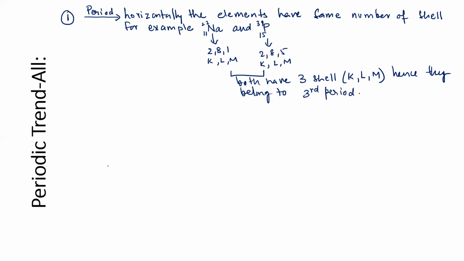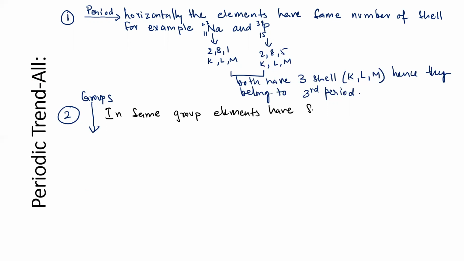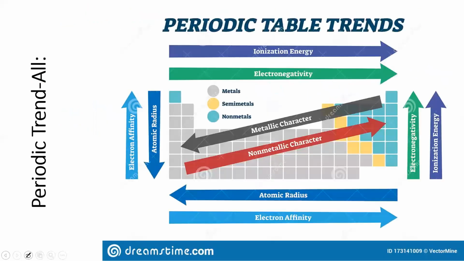Second, what we are trying to understand is vertically downward, which are called your groups. Technically, in the same group, elements have the same valency. In group 1, let's take one example from there.